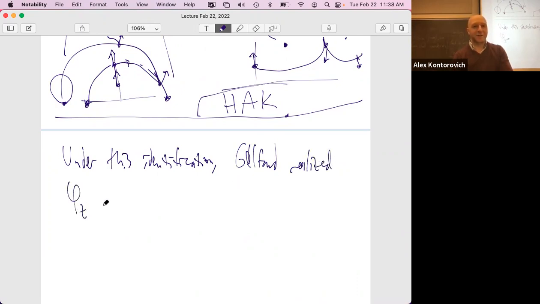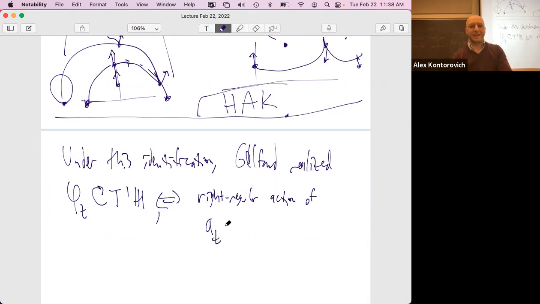that the geodesic flow acting on the unit tangent bundle is exactly the same as the right regular action of a_t. a_t is e to the t over 2, e to the minus t over 2, which is the exponential of t times the matrix 1, negative 1.